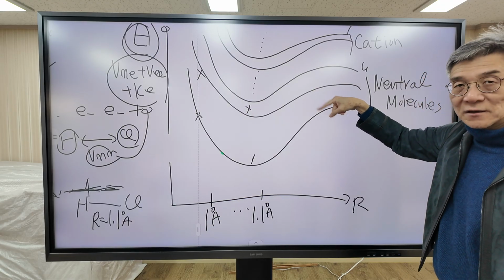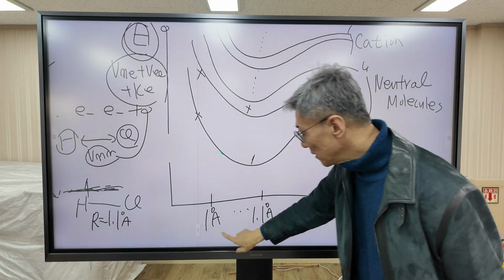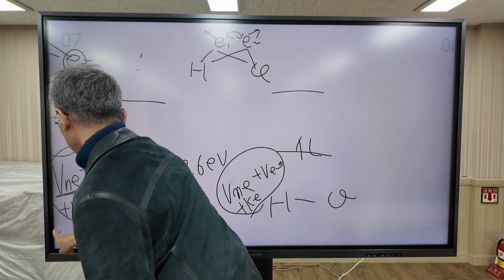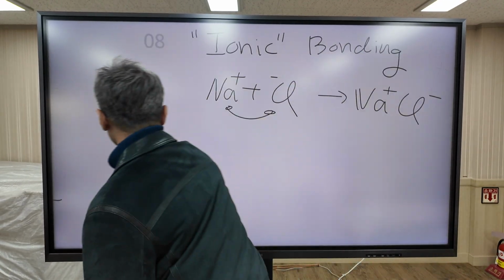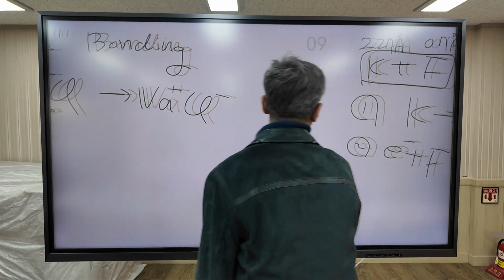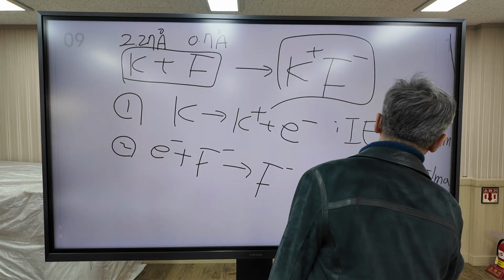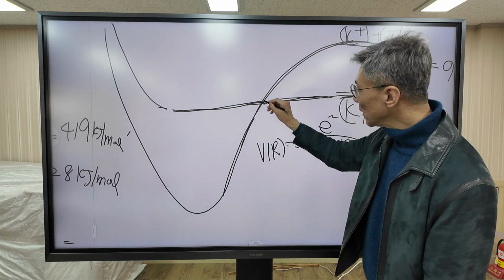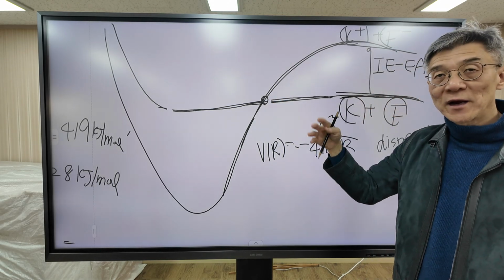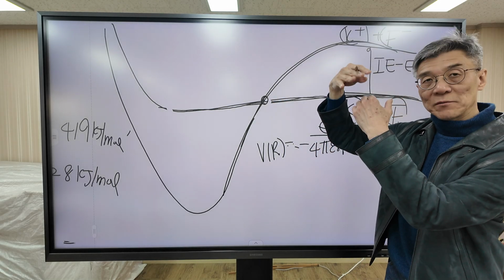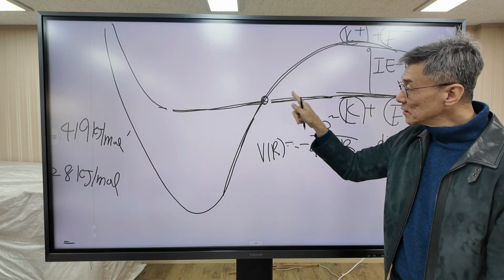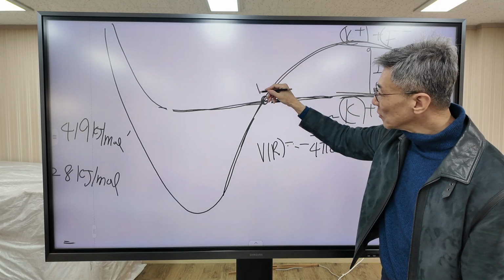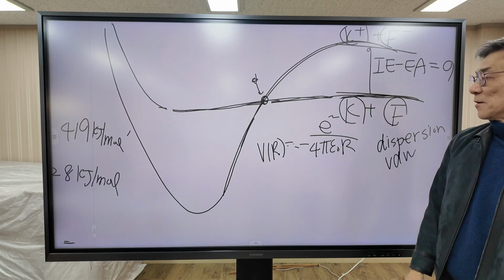They don't meet each other normally. But for KF, they meet each other. This is a very, very interesting point. Normally, potential curves do not meet each other. But in this case, two potential curves meet. This is very important for KF systems.